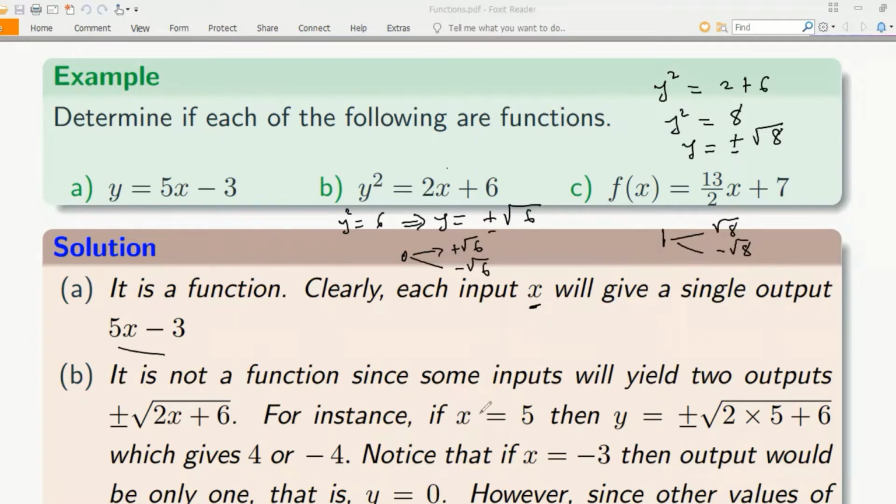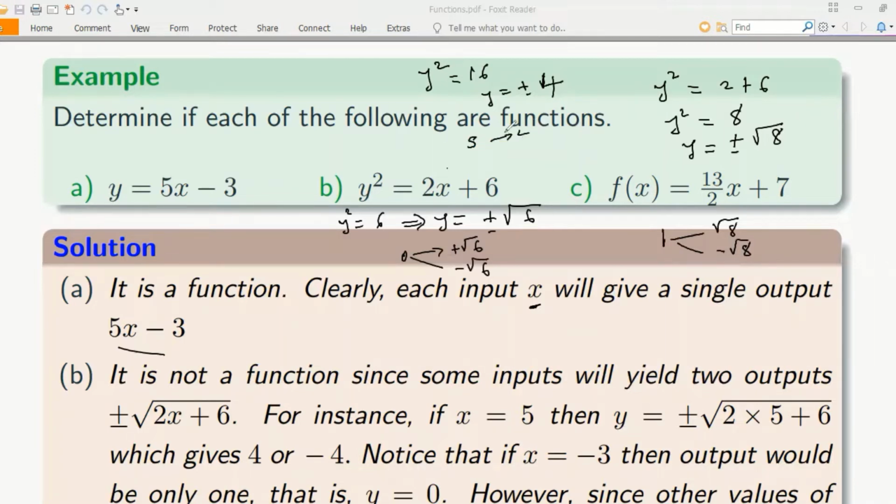What about if my input is 5? If my input is 5, I would have y squared equals 10 plus 6, which is 16. So y will be plus or minus 4, the square root of 16. So that single input of 5 has given me two images.